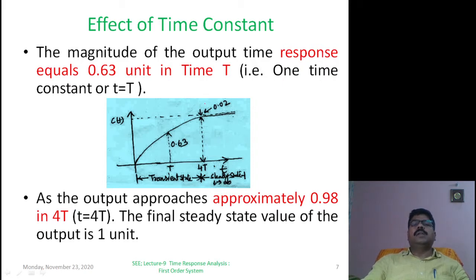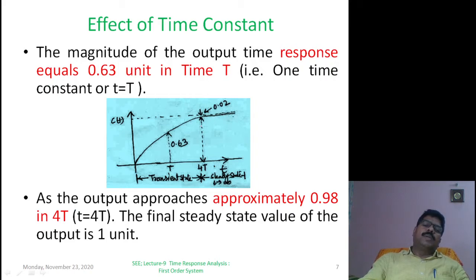Now here in this diagram you can see that the output reaches near the unity, and when it reaches within the tolerance band of 2%, what we can say means that it reaches 0.98 value or 98% of the desired output.